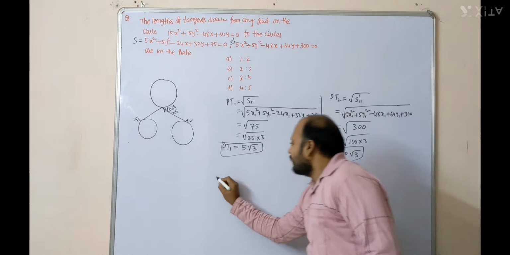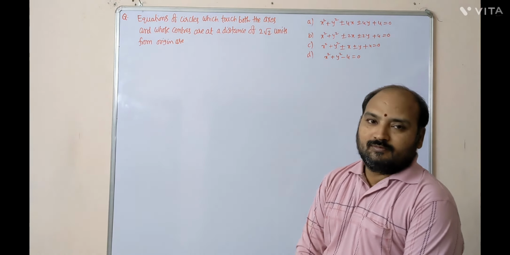The next question. Equations of circles which touch both the axes and whose centers are at a distance of 2 root 2 units from origin are.